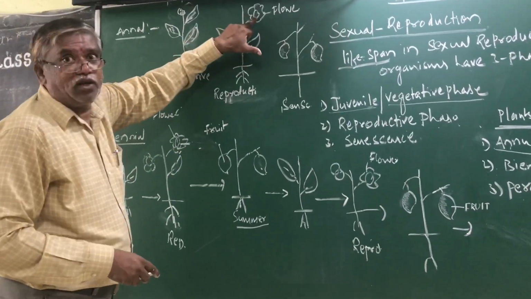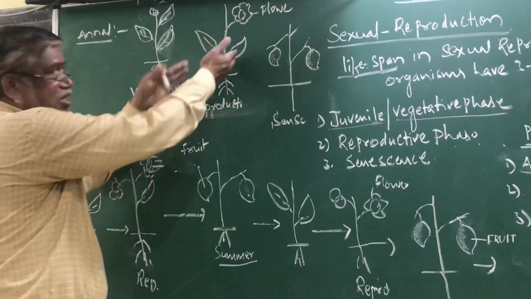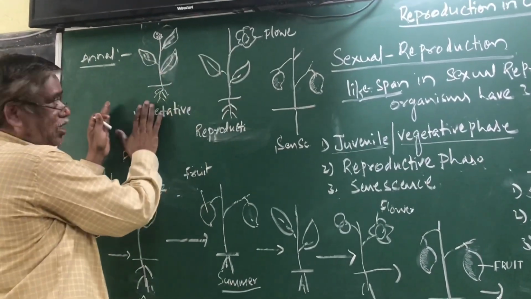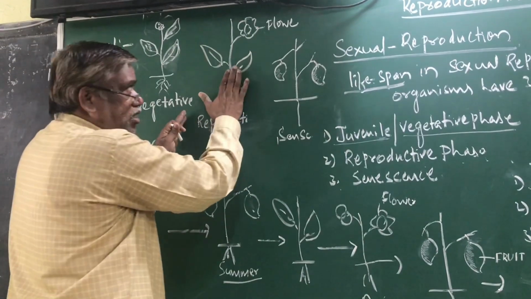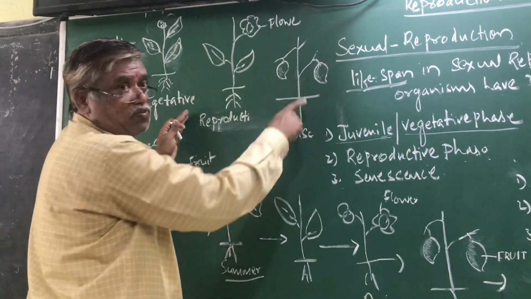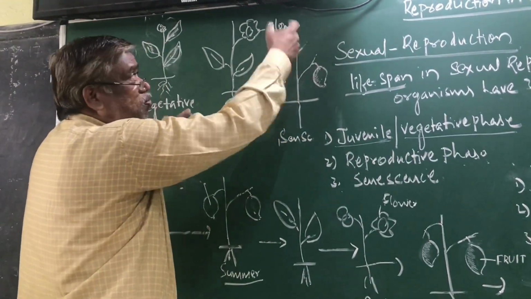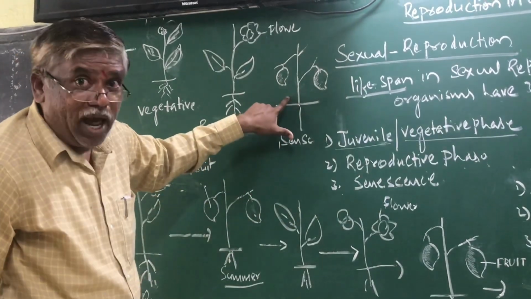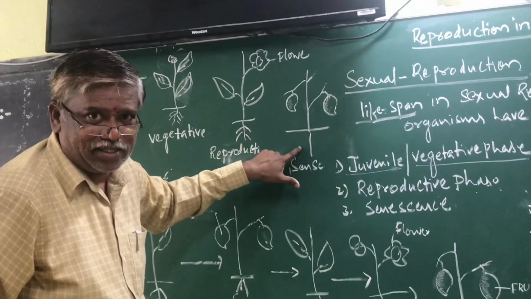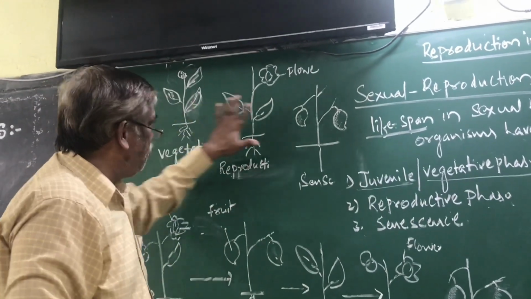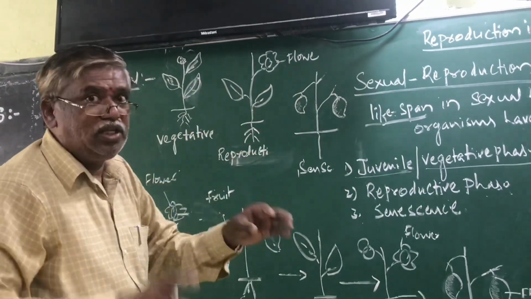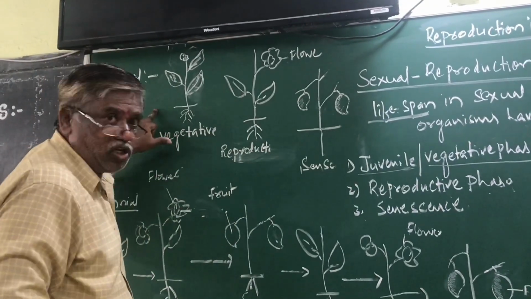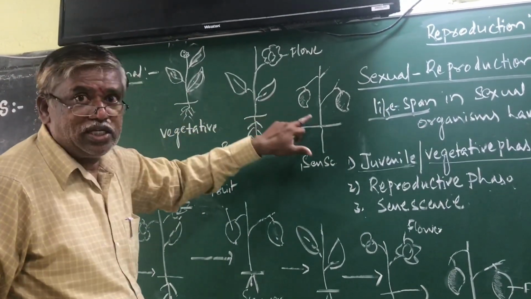The same plant in the vegetative phase, the plant in the reproductive phase, the plant in the senescence phase. Here the leaves fall down. Only fruits are there. It indicates this plant is in senescence. Once again, the same plant, I am showing three different phases: vegetative, reproductive, senescence.